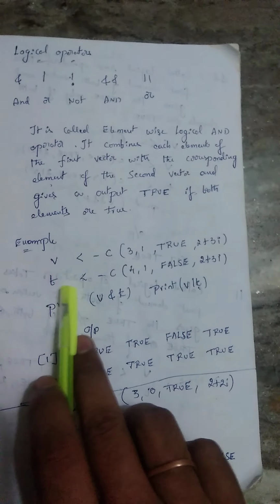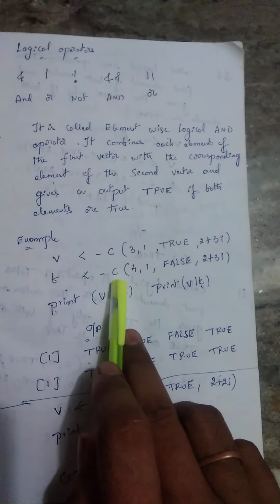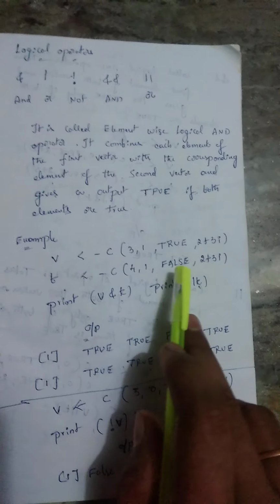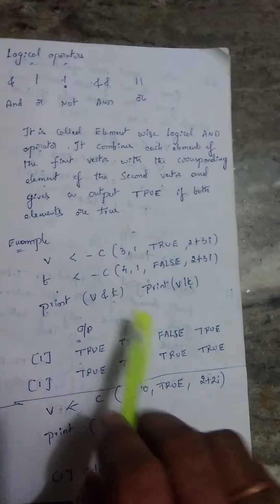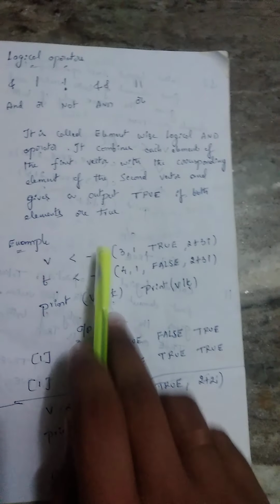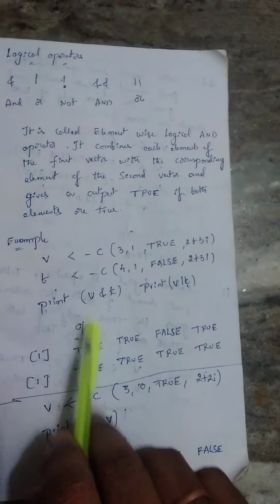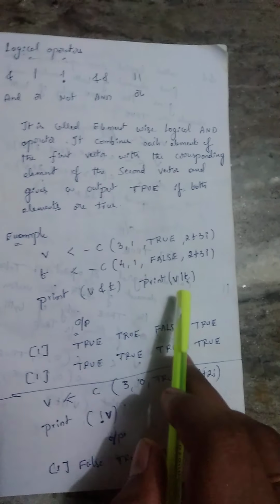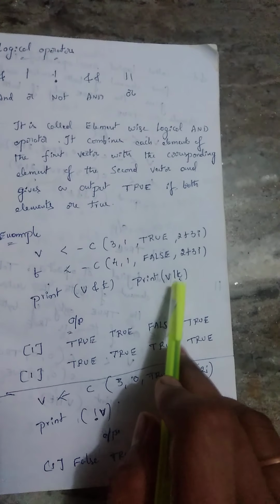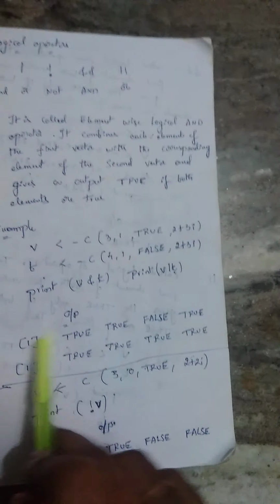And coming to the t vector, with the c function: 4, 1, false, complex 2 plus 3i. We check with these two vectors, print v AND t, checking with these conditions.